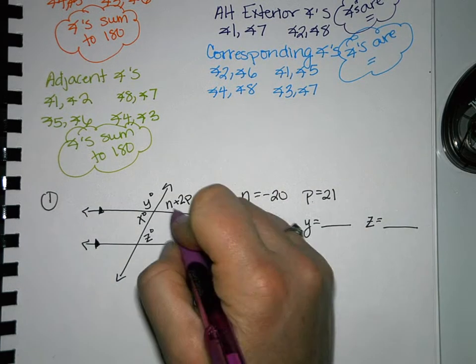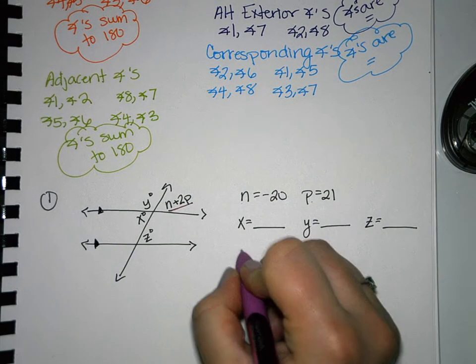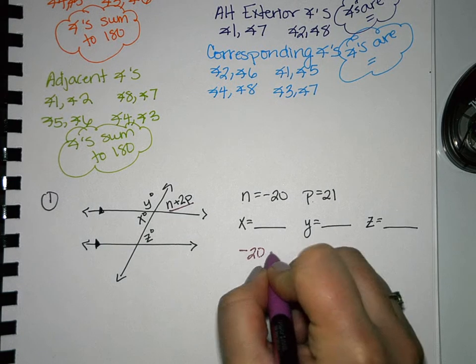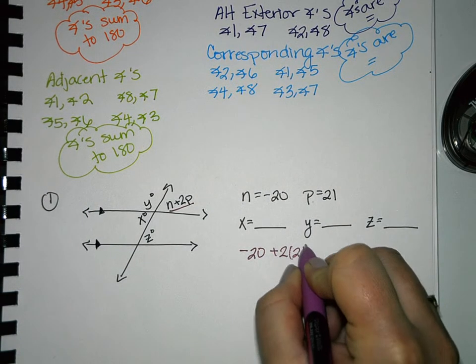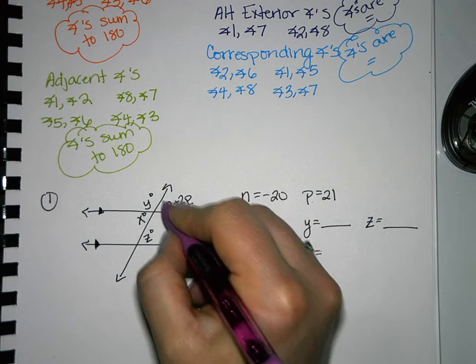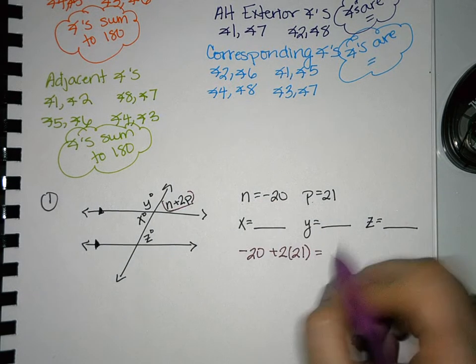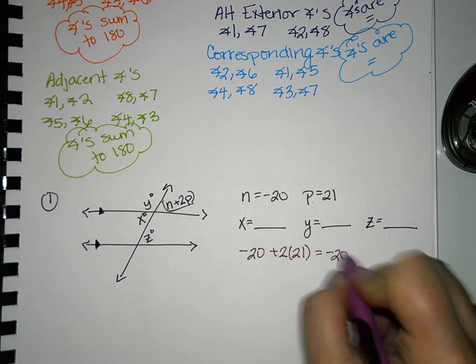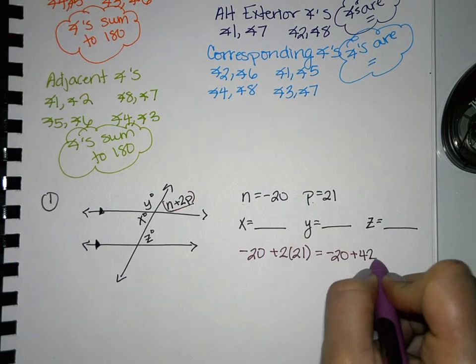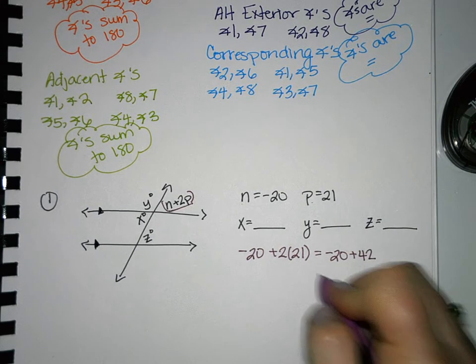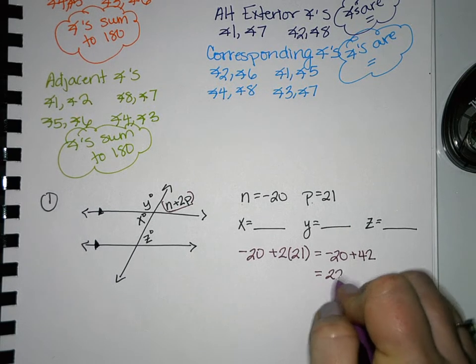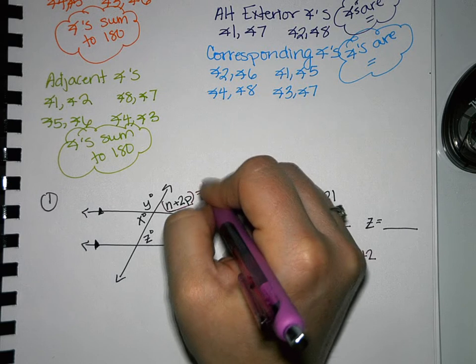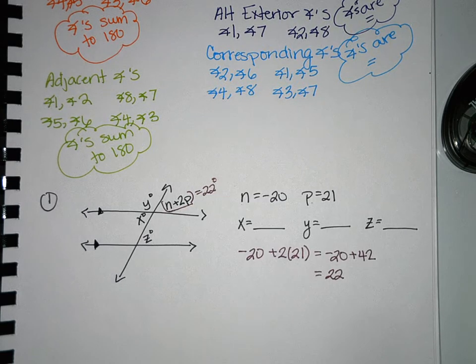So I'm going to plug them into the expression. So -20 for n plus 2 times p to figure out what this angle is right here. So -20 plus 42, and then add those together and we get 22. So that means this angle right here is 22 degrees.